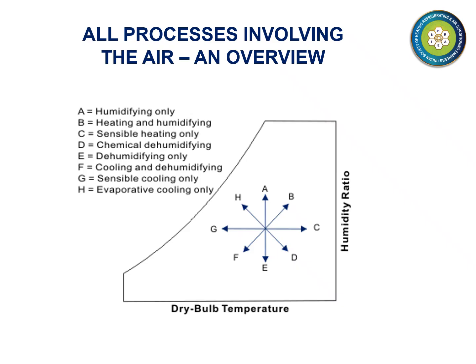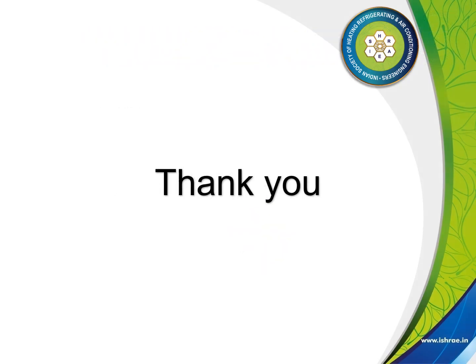This slide gives you an overview of all the elementary processes involving moist air. In the next lecture, we consider the moist air processes involved in an air conditioning system.